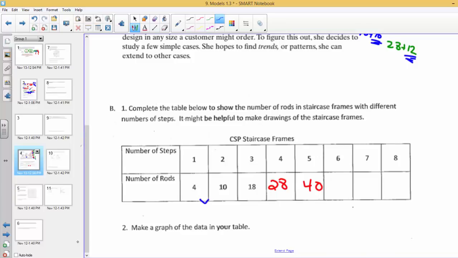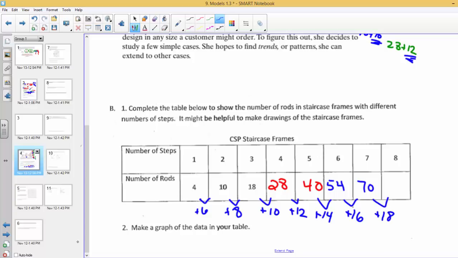So this is plus 6, plus 8, plus 10, plus 12. So the next one you would add 14. Then you would add 16. Then you would add 18.